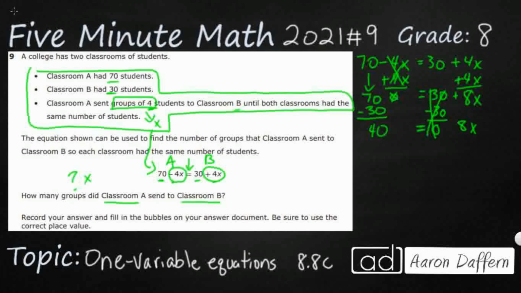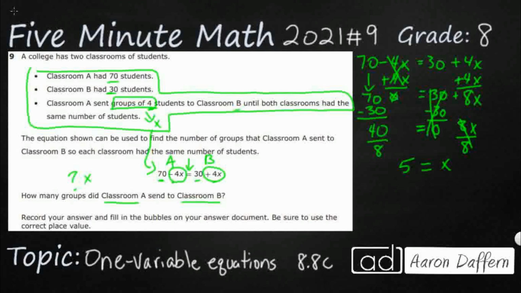We're almost there. You could probably mentally do this, but let's go ahead and write it out. We need to divide both sides by 8. Because it's 8 times x, so let's divide. 8 divided by 8 is 1, so it's 1x, or just x. X equals 40 divided by 8, or x equals 5.